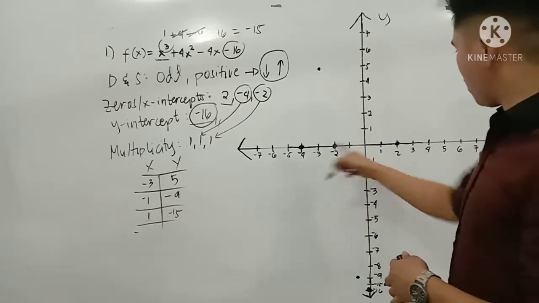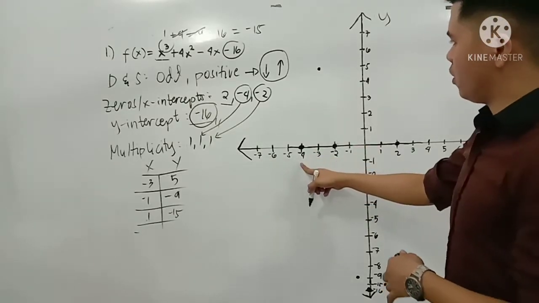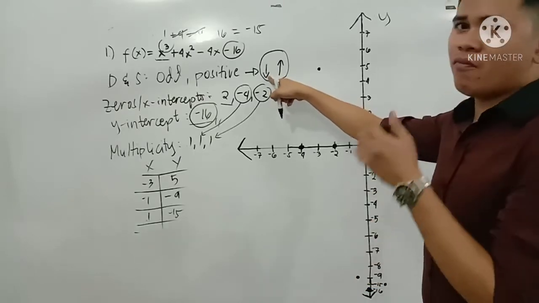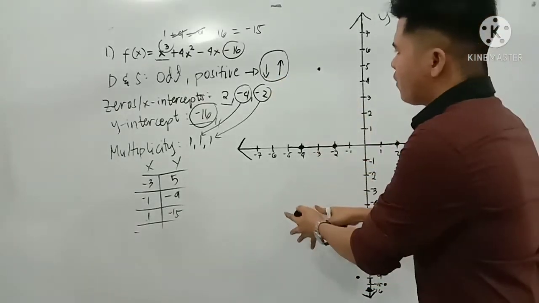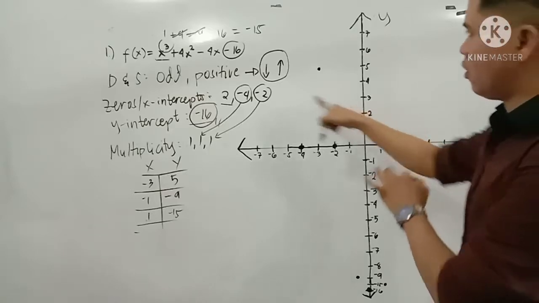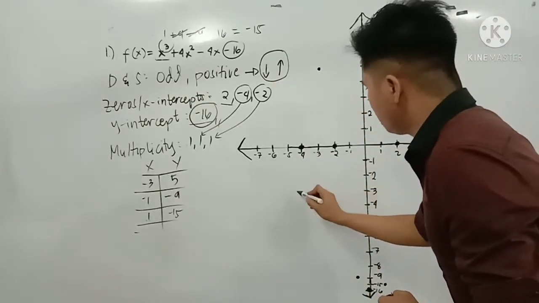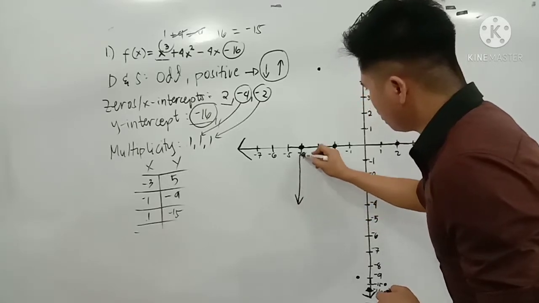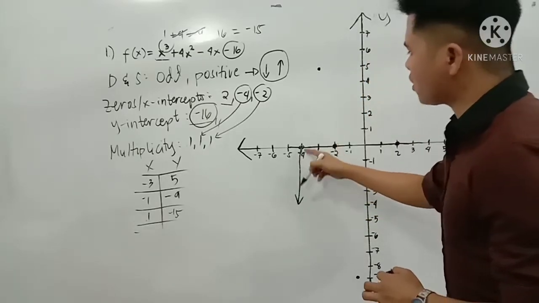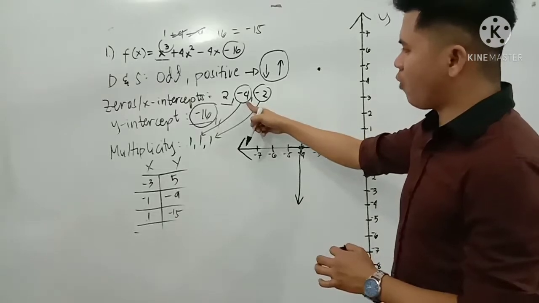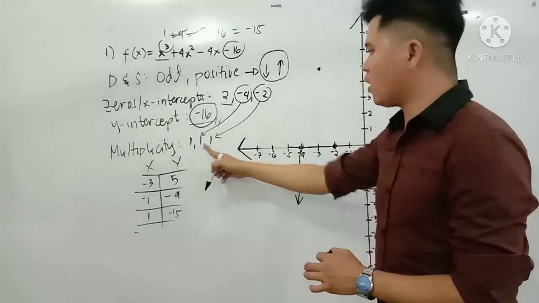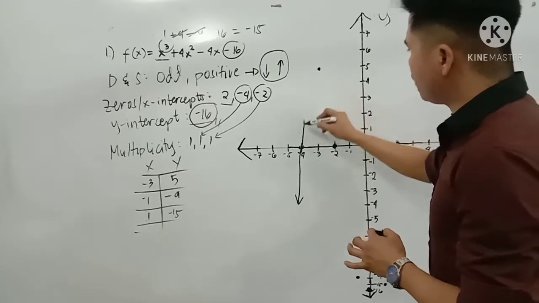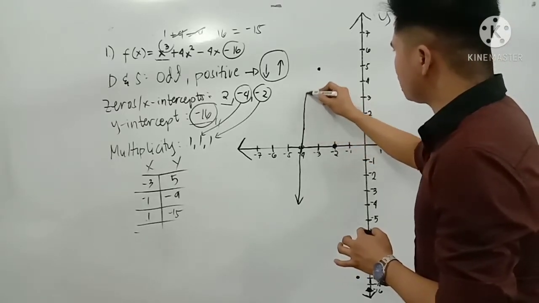So our first point, we have here negative 4. Remember our end behavior, it will fall on the left and it will rise to the right. So once the graph touches the negative 4, our multiplicity is 1, so that means the graph will pass through and go to this first turning point.